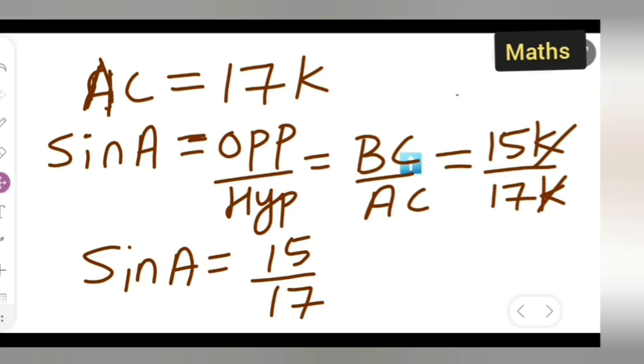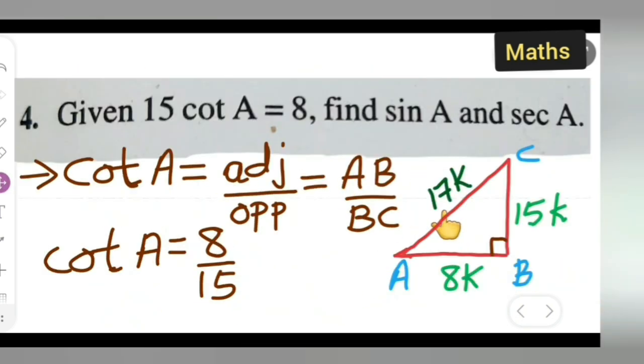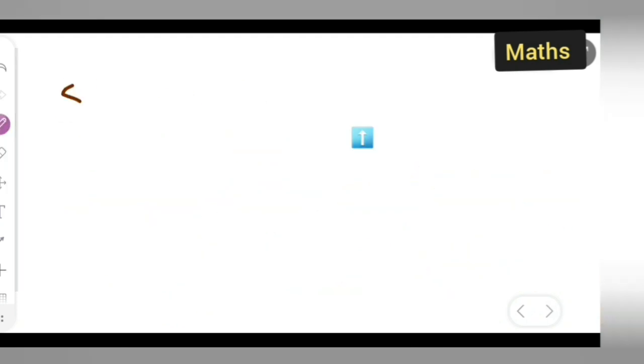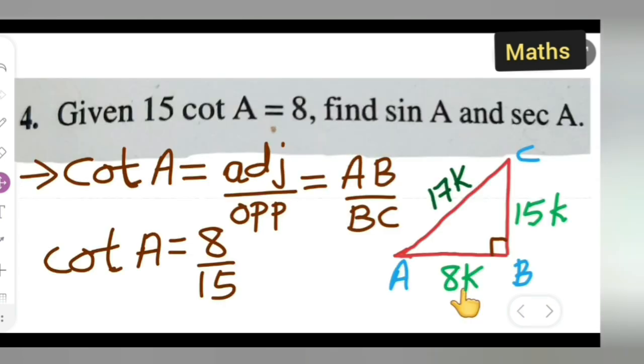Next, let us find sec A. What is the formula for sec A? Hypotenuse upon adjacent side. Now what is the hypotenuse? Hypotenuse is nothing but AC. And what is the adjacent of A? AB.